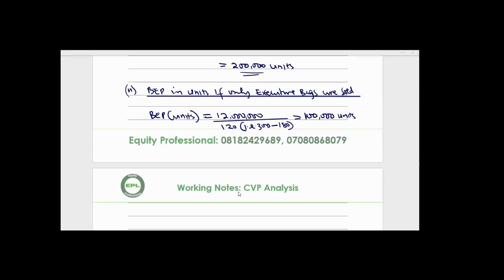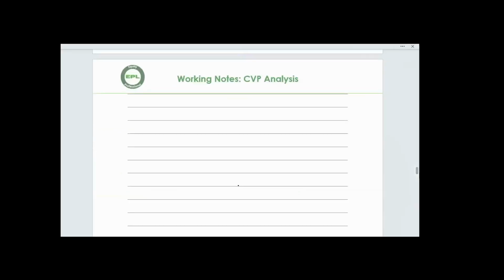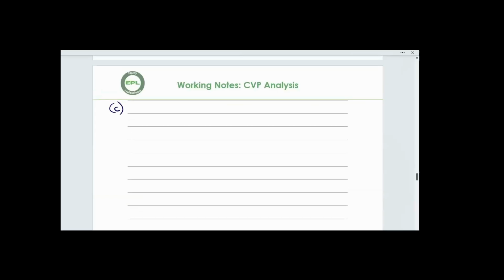All right, so I will then come here. Number C. Before we calculate the break-even, we need to first of all calculate revised income statements. And that's what the examiner is saying you should calculate budgeted operating profits.